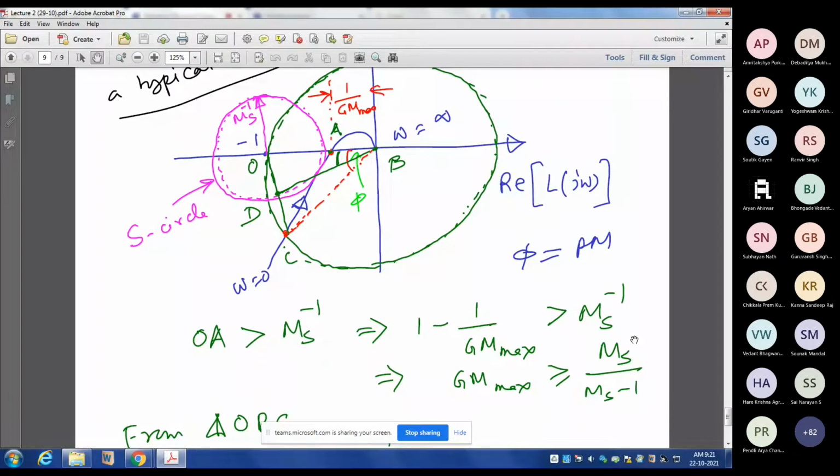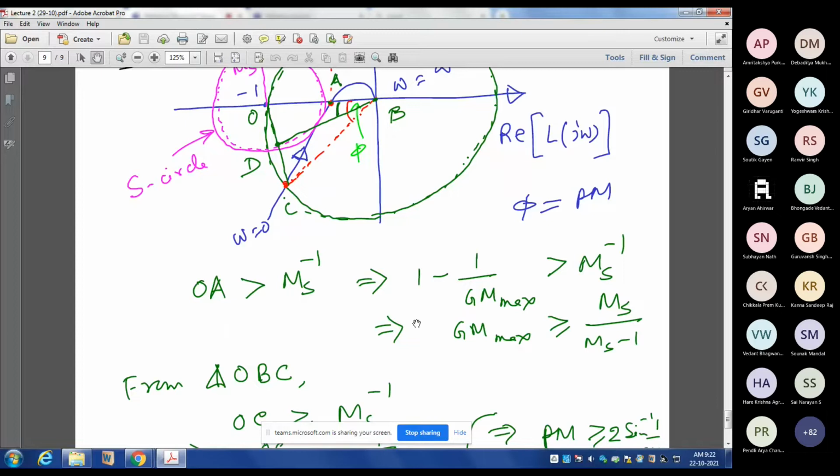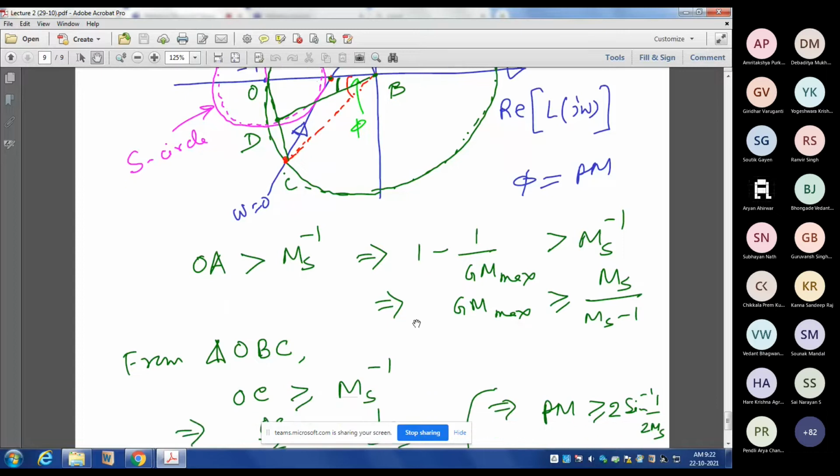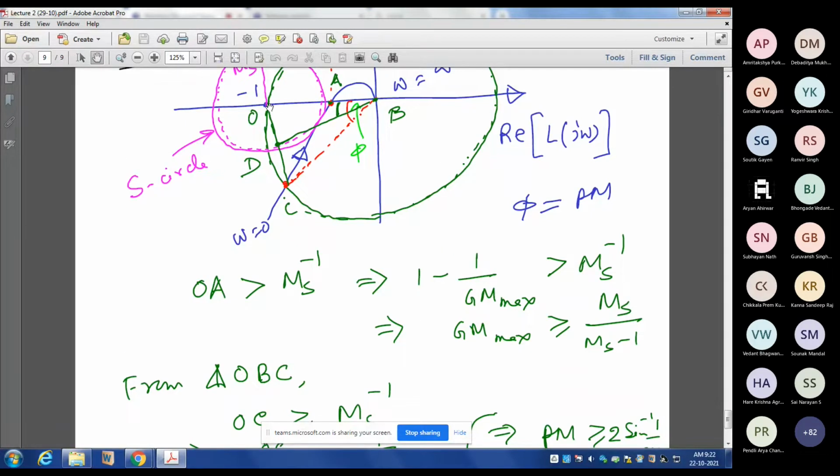Now if you consider this triangle, OBC triangle, now you see OC is always greater than or equal to Ms inverse, because Ms inverse is the distance from here to here.